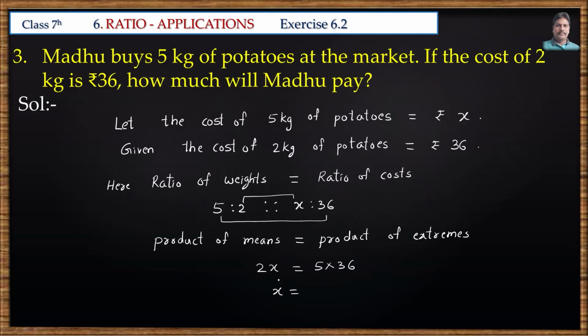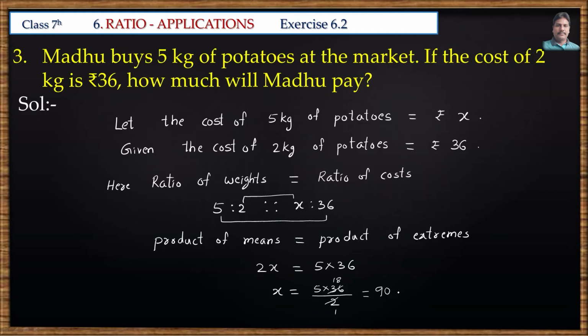Now x is equal to, if we transpose 2, it will divide the right side part. 5 into 36 divided by 2. 2 ones are 2, 2 eighteens are 36. This will become 5 into 18, 18 fives are 90.